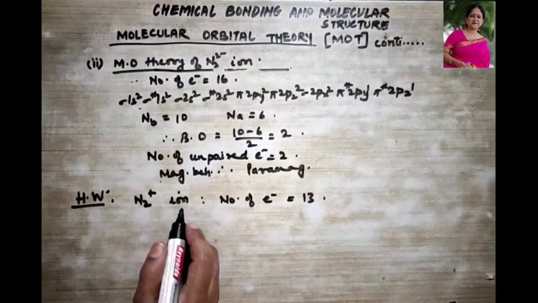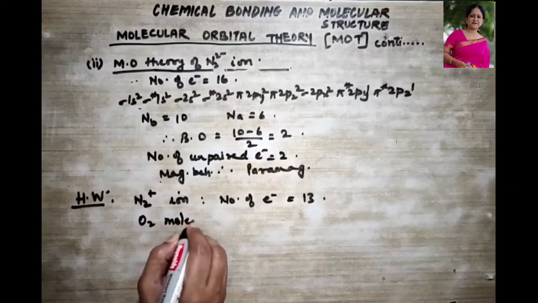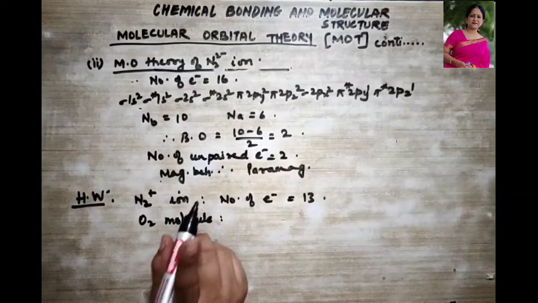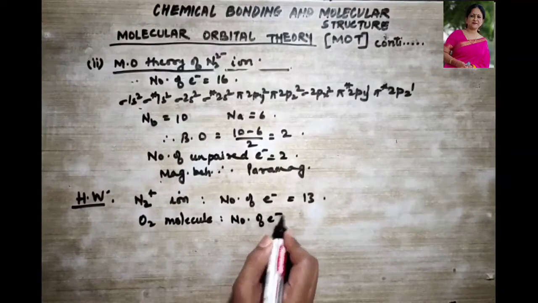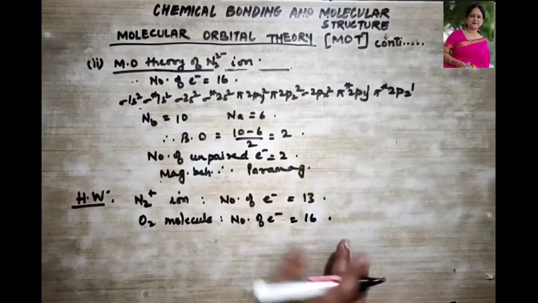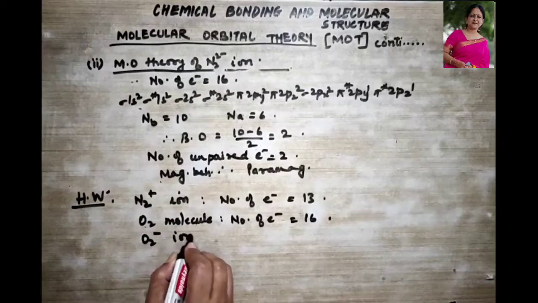Then you have to do it for the oxygen molecule. Here in the oxygen molecule, each oxygen atom has 8 electrons. So the total number of electrons present in the oxygen molecule is how many? 16. Okay, then do it for the O2+ ion.